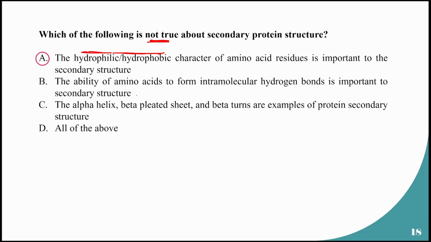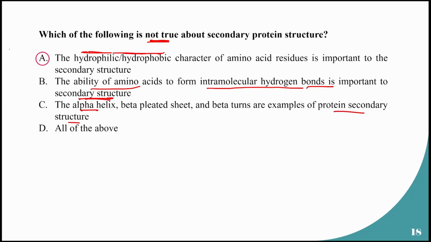However, statement B is saying that the ability of amino acids to form intramolecular hydrogen bonds is important in secondary structure, right? So that is a true statement, because the intramolecular hydrogen bonding pattern is one of the determinants of the secondary structure. And statement C is saying that the alpha helix, beta pleated sheet, and beta turns are all secondary structure parts. So that's also correct.